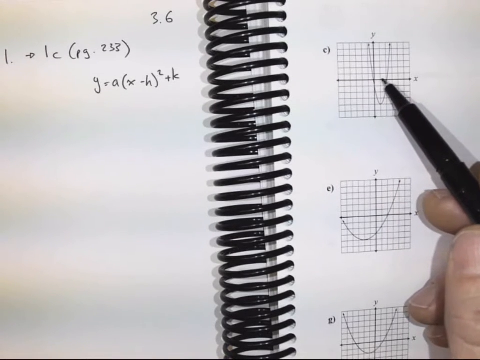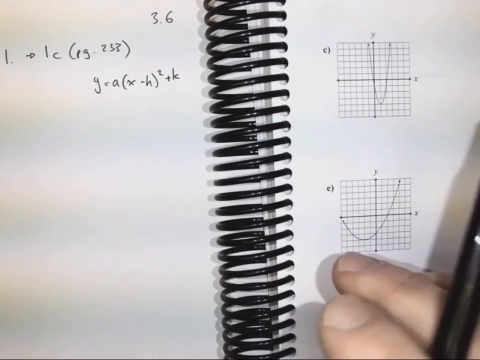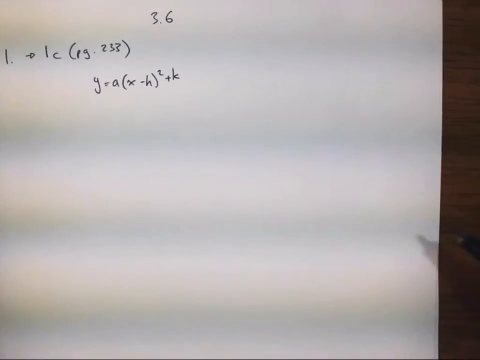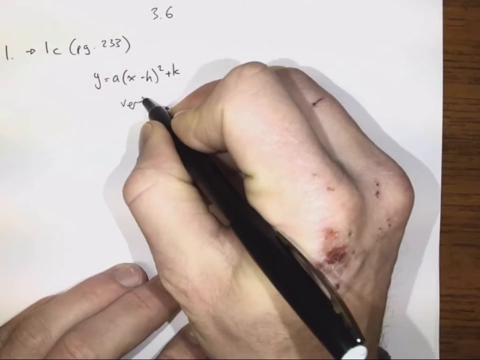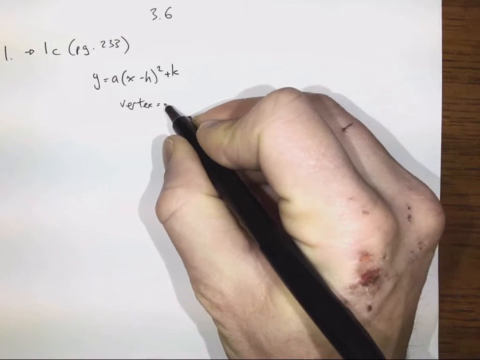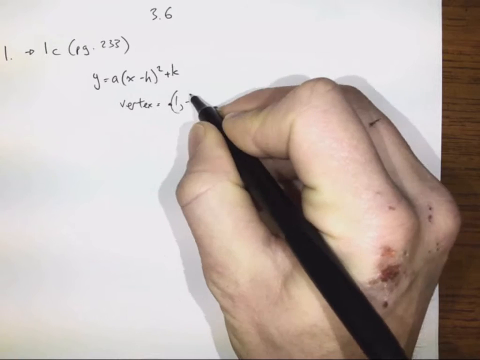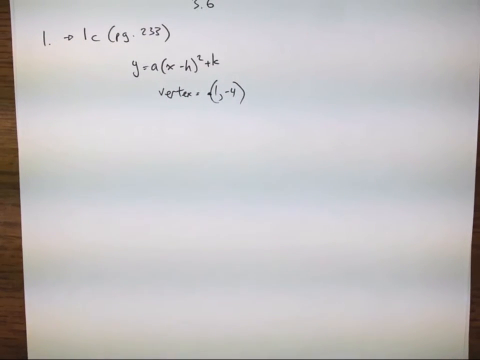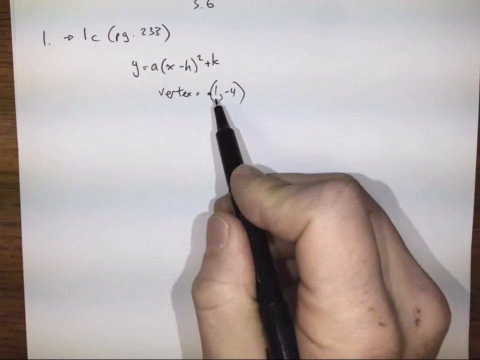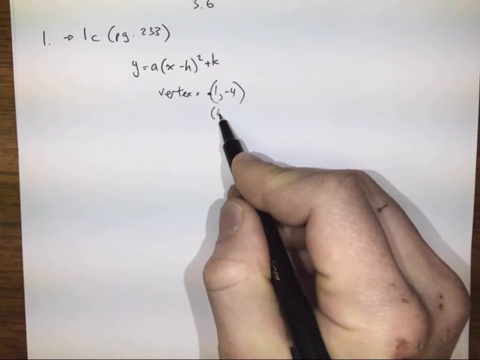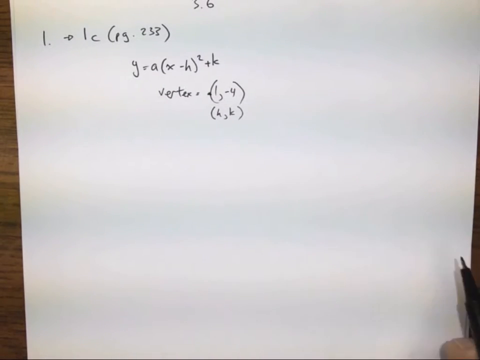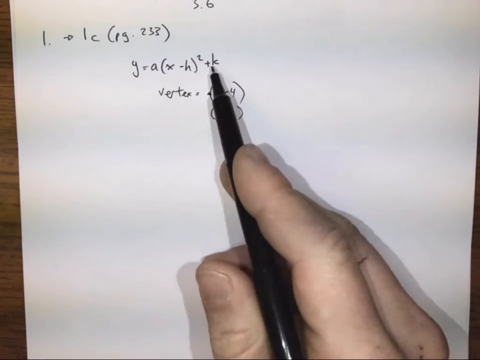The vertex here is at 1 in x and -4 in y. So I'm going to write that down. Vertex equals 1, -4. Remember, that is our h and k value. Our vertex is our h and our k value in our general form.